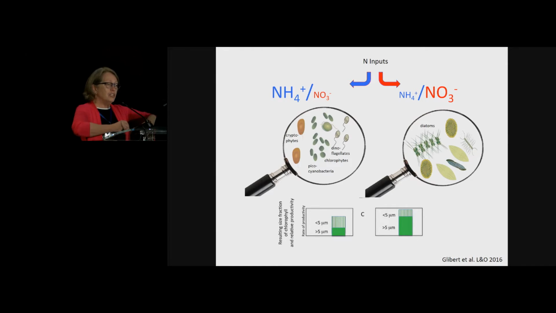And so as we shift this gradient of chemically reduced to chemically oxidized nitrogen, we get a different community assemblage. More diatoms under nitrate, also larger cells. Under ammonium, more pico-cyanobacteria, some mixotrophic dinos, some cryptophytes, and in freshwater, more chlorophytes.